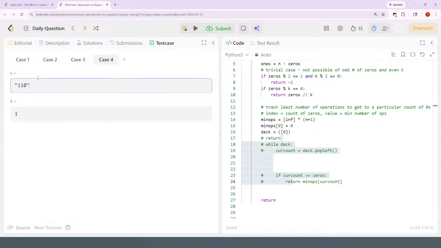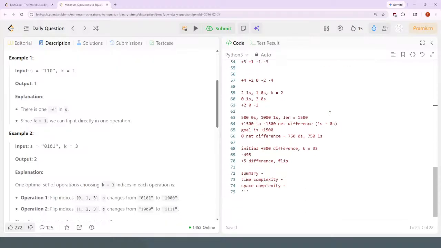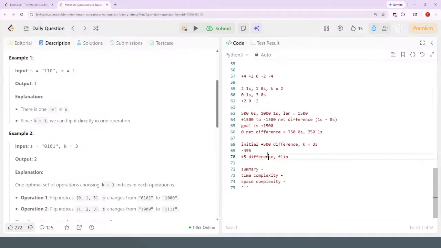Let's actually get the string. Oh, that's disgusting. I'm just gonna write down the numbers. So 5 plus 5, a difference of plus 5 doesn't work, does it?